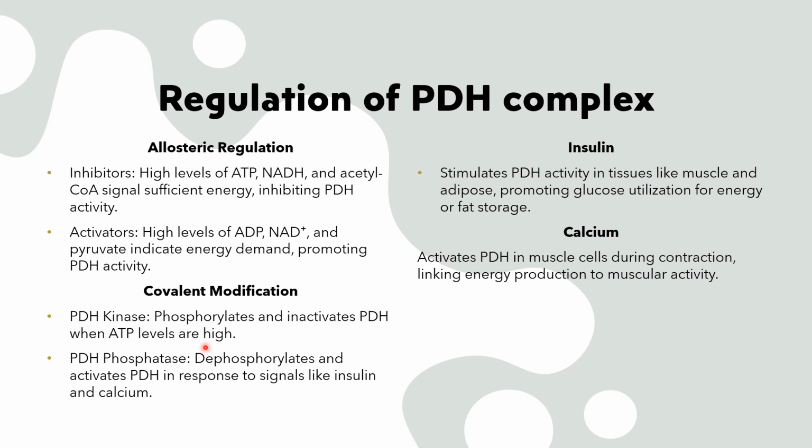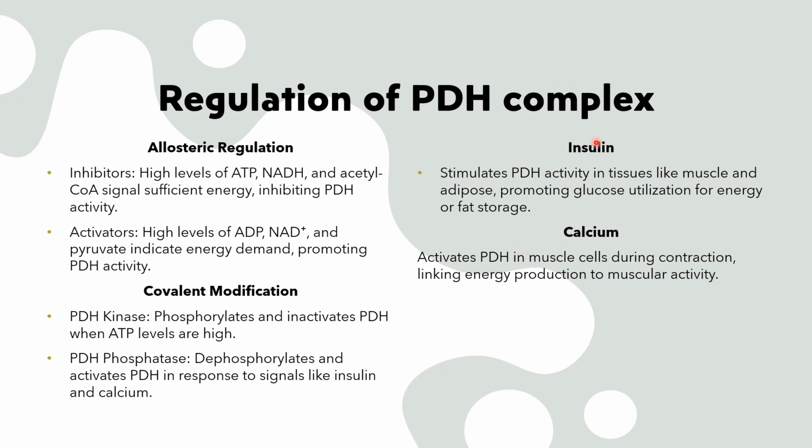So if we phosphorylate pyruvate dehydrogenase, we inactivate it. When the ATP levels are low, we have the enzyme pyruvate dehydrogenase phosphatase, which dephosphorylates the pyruvate dehydrogenase complex and in turn activates it. So this dephosphorylation will happen maybe in presence of signals like insulin, which stimulate the breakdown of glucose.